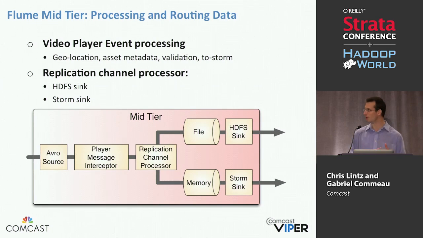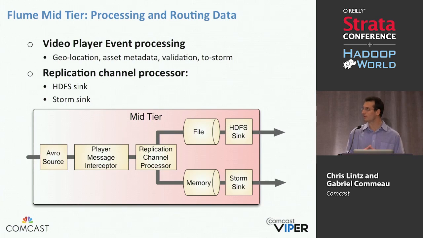But in order to manipulate the analytics events like that, we first need to convert them from Flume events into Java objects that better represent our data model. And so the player message interceptor first deserializes the analytics events, runs them through the chain of event processors, and finally reserializes the modified event back into a Flume event, or not if it's been filtered out.